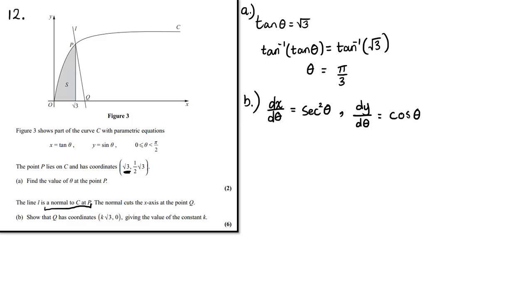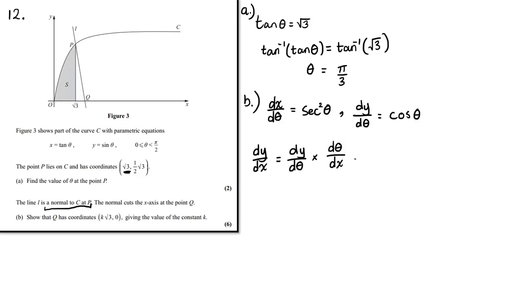But we want dy by dx. So for dy by dx, that's simply going to be dy by d theta, and then we times this by the reciprocal of dx by d theta. So 1 over dx by d theta, which would give us d theta by dx.